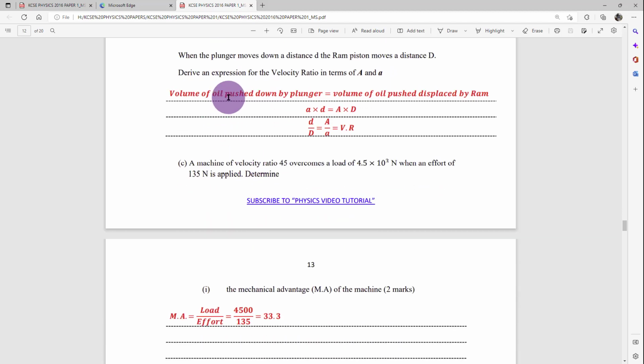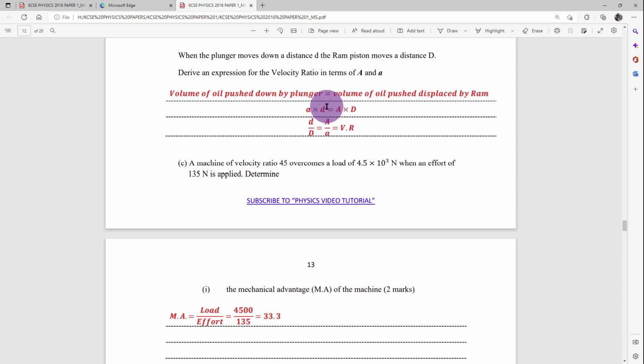So the volume of oil pushed down by the plunger is equal to the volume of oil pushed or displaced by the ram. Again, here there is another typing error. Volume of oil displaced by the ram. The volume of a cylinder is cross-section area times the height.